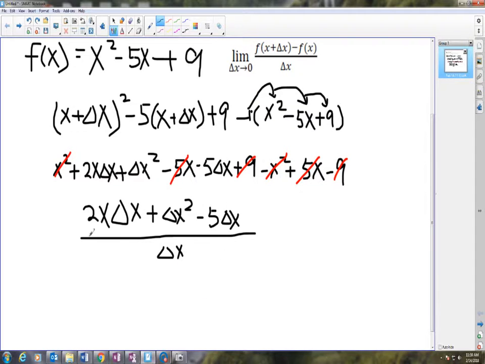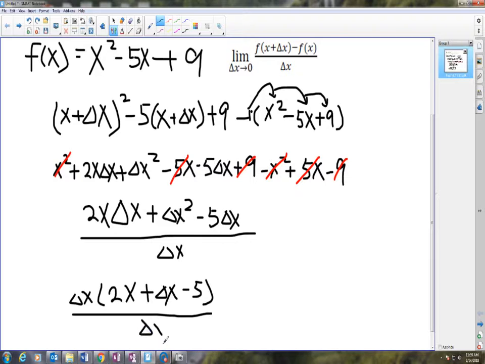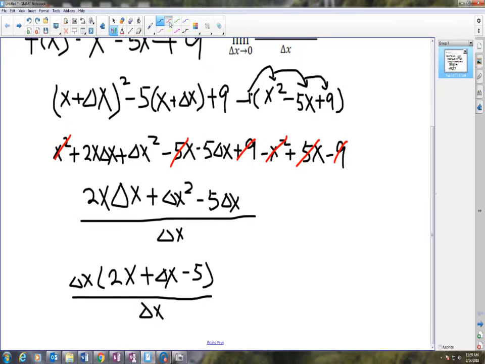Since every term on top has a delta x, we can factor out delta x. That gives me 2x plus delta x, since of the delta x squared I take one out and one is left, minus 5, whole thing over delta x. The delta x down here cancels with the factor of delta x on top.